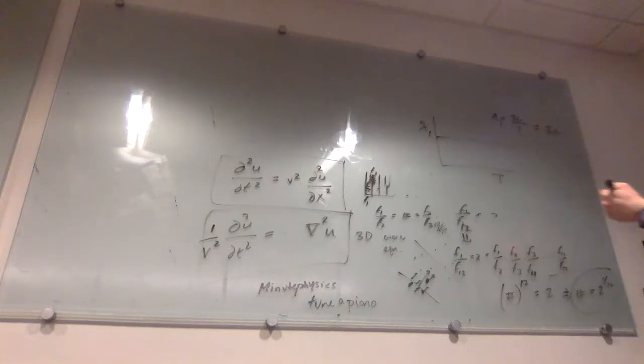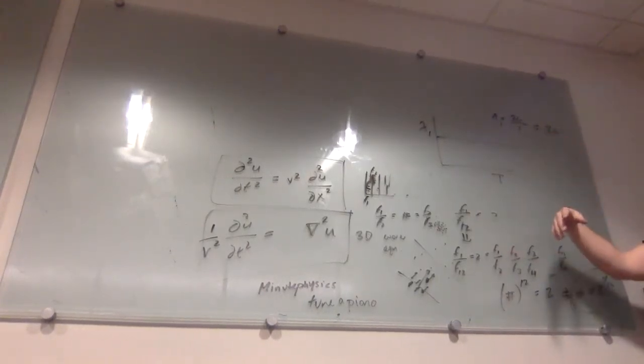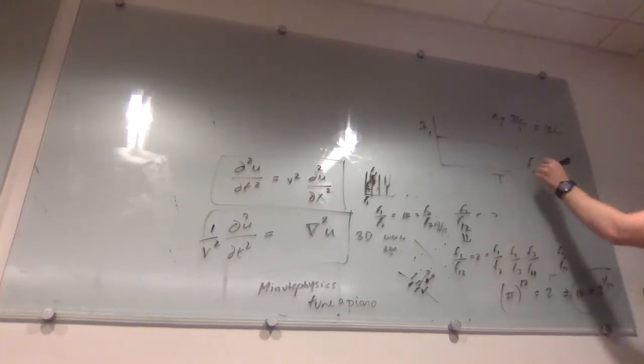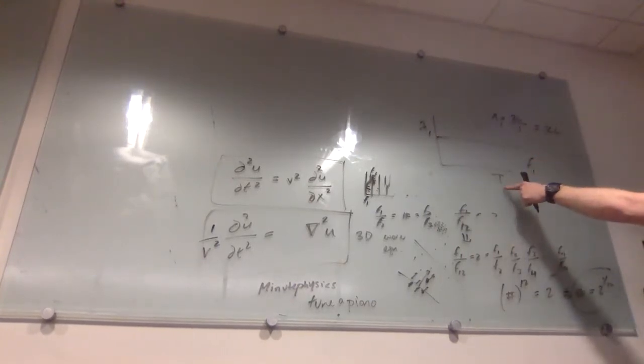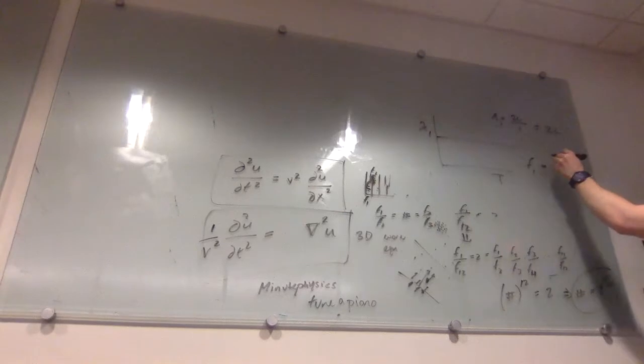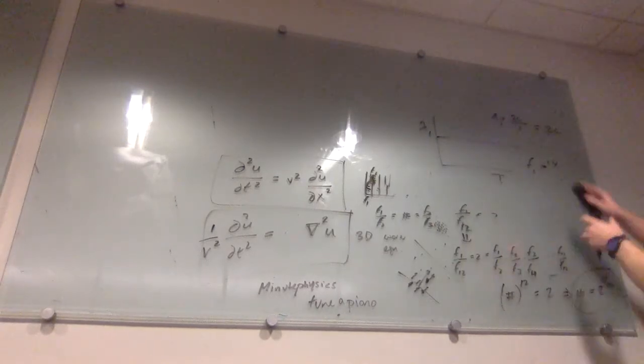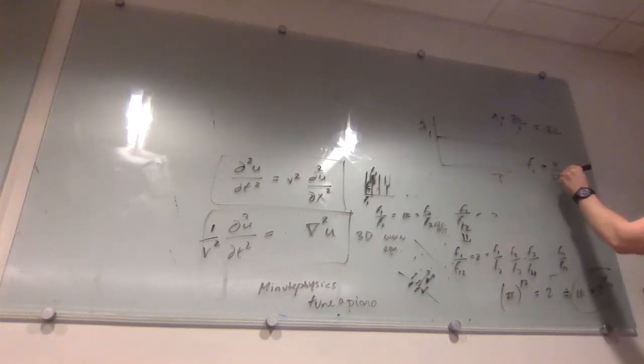The reason that this is not a stupid question, it would be a stupid question if they just said something completely unrelated. But the fundamental frequency is related to T, as we just saw. N is 1, times V over 2L, right? This is the fundamental frequency.